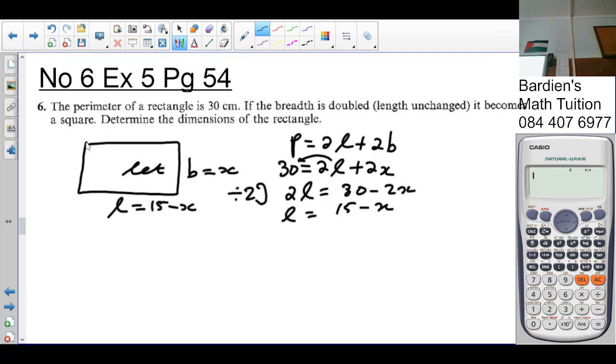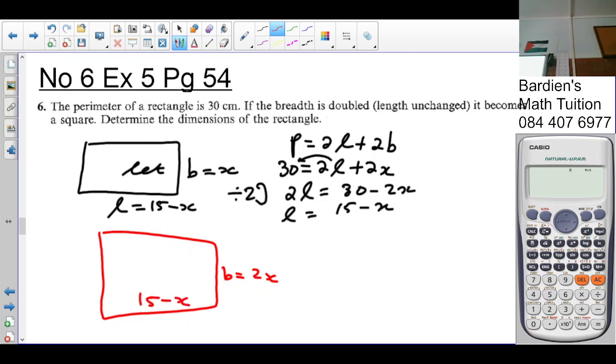If the breadth is doubled, so now we come to the second part. If the breadth is doubled, which is 2x, and the length is unchanged, 15 minus x, it becomes a square. So what are the properties of a square? All sides are equal.